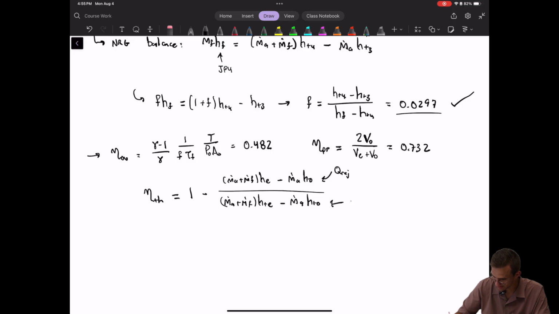That's Q in. Okay, and what we can do is we can simplify this. You have T naught over Tt naught. Okay, and then we have 1 plus f Te over T naught minus 1.